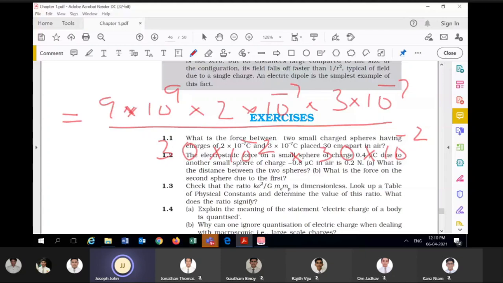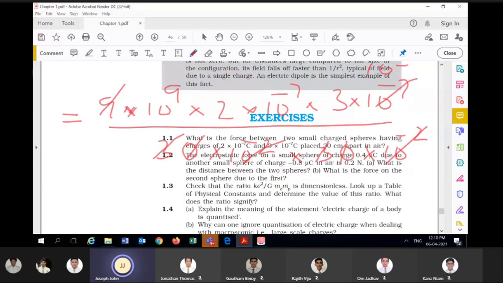Now what I'm saying is that 10 and 10, cancel with this one, agree? 3 3s are 9, and this 9 will cut off. Now remaining only 10 raised to minus 2, you can cancel with this one, and 10 raised to minus 5 will come. Okay?